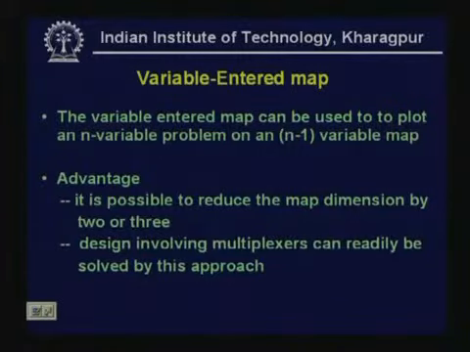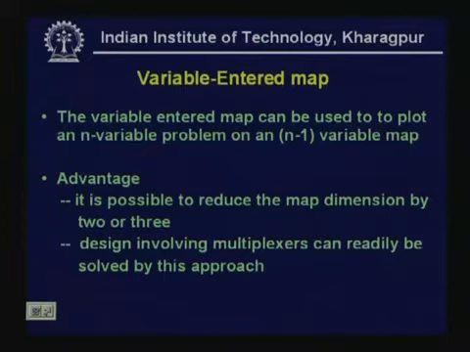See why another variable map, or variable entered map, normally called the V map, is needed. Normally the Karnaugh map is well suitable for up to 6 variable functions. If it is more than 6 variables, then to draw that is cumbersome.